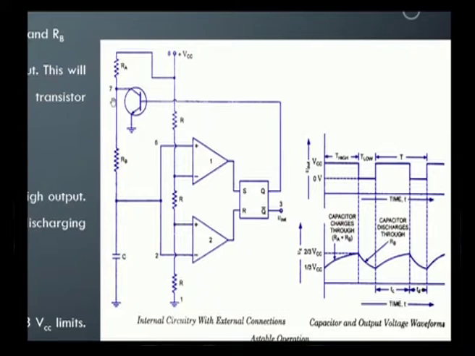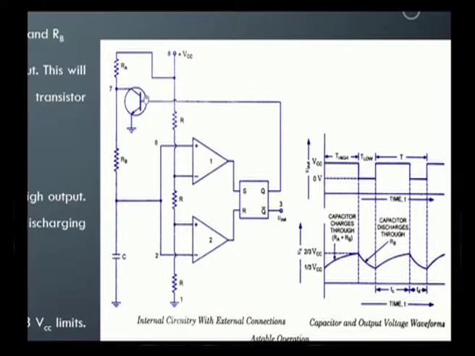Also, for the threshold comparator, if we give the input as 1/3 of VCC, the output of the comparator goes low, and it gives a flip flop set state, and the output will be low.